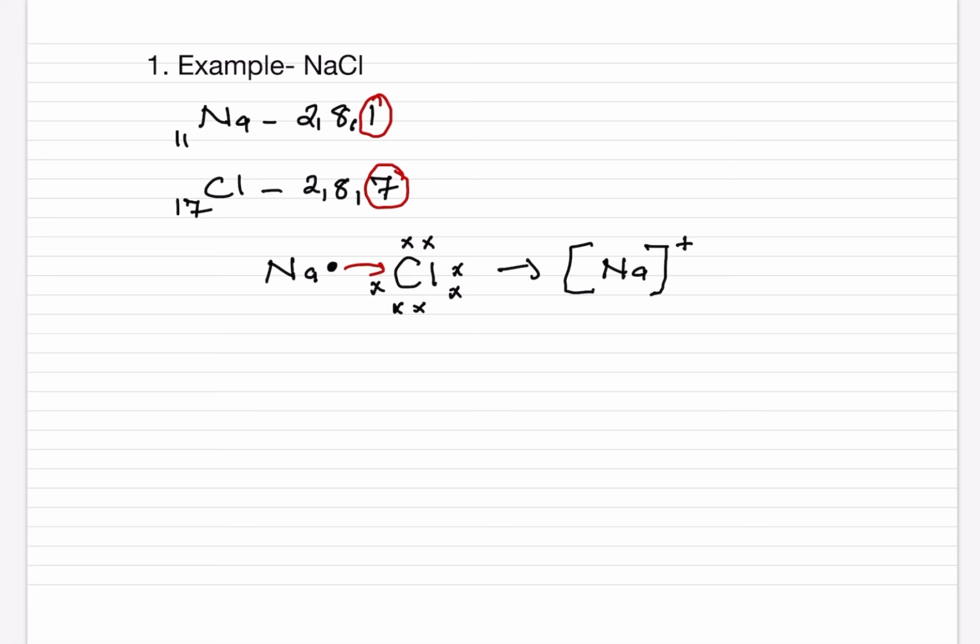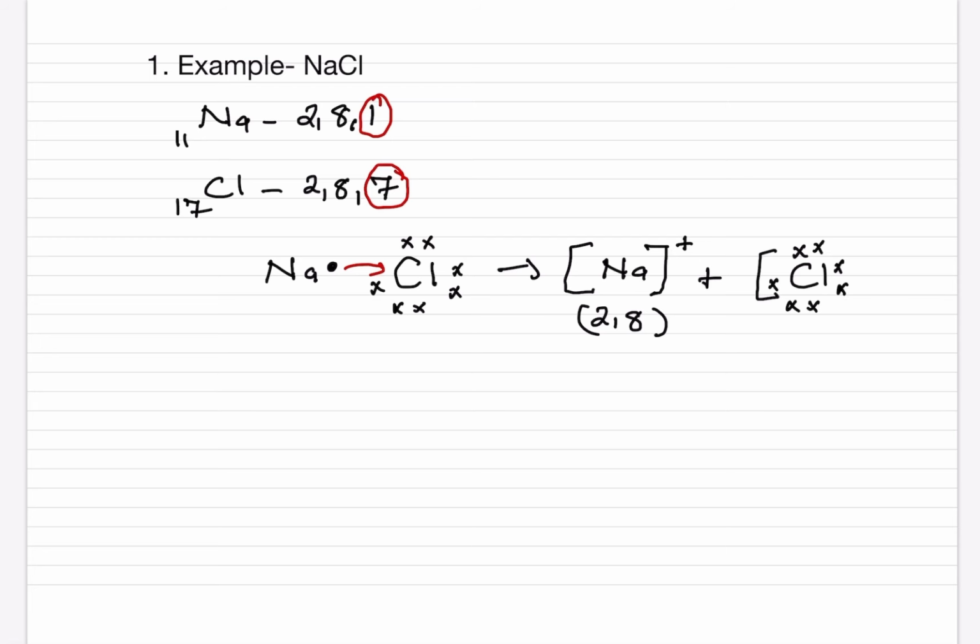That means one electron has been transferred from sodium. We can also write its electronic configuration now. It becomes 2, 8 because it has transferred one electron to chlorine. You show a plus sign and then again a square bracket showing chlorine. How many electrons? 7. 1, 2, 3, 4, 5, 6, 7.